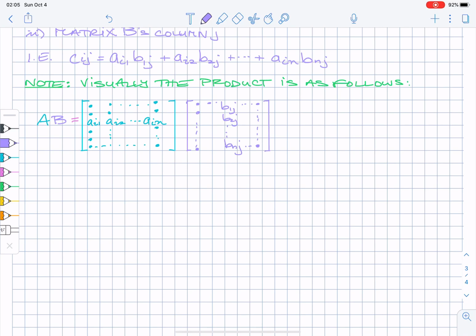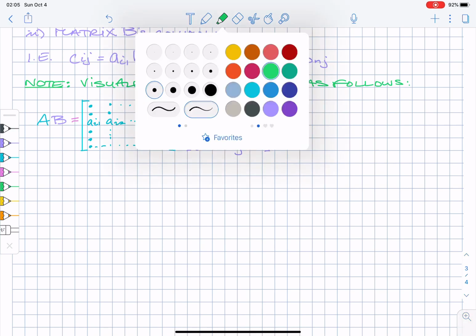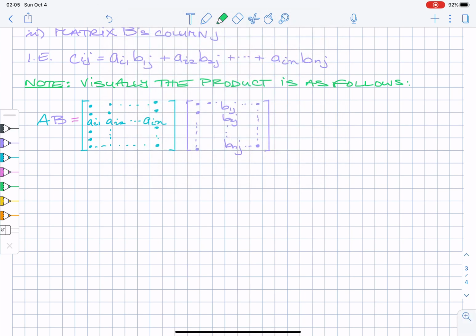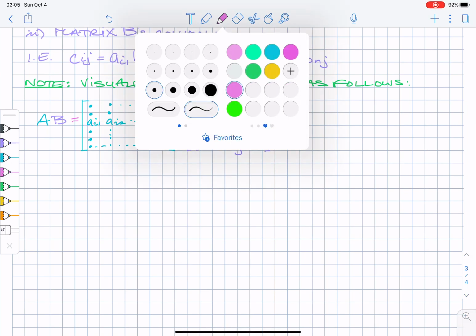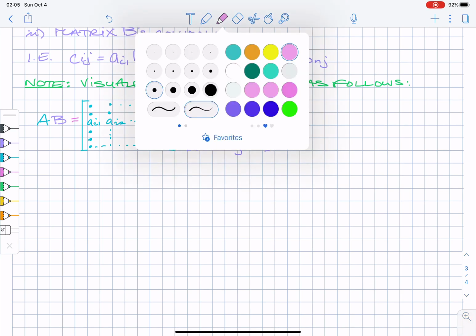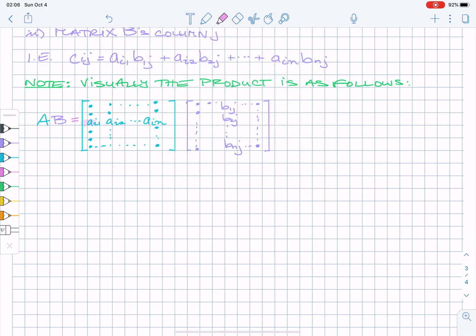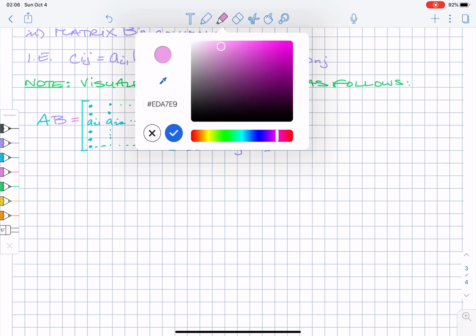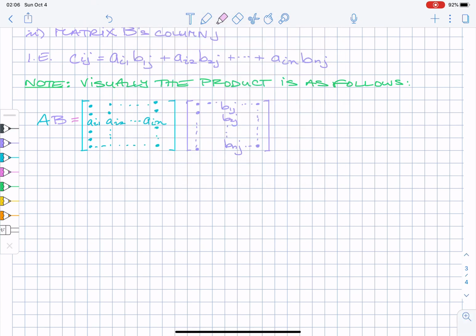So if I take, let's do a lighter pink and a thicker pen, I'm taking row i and column j.